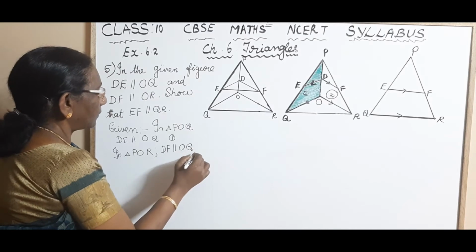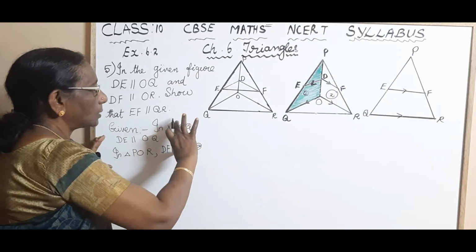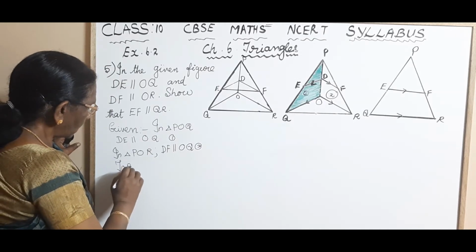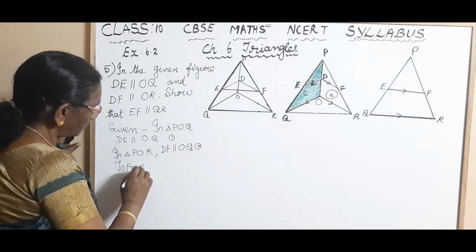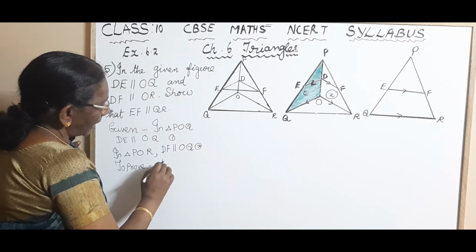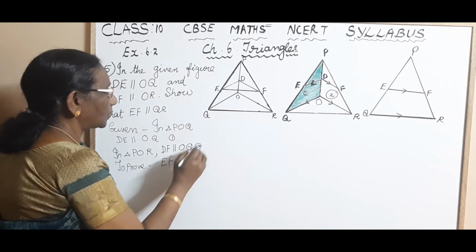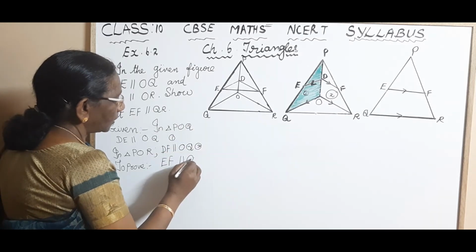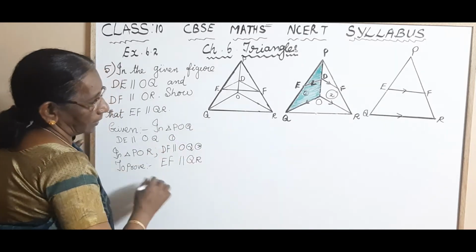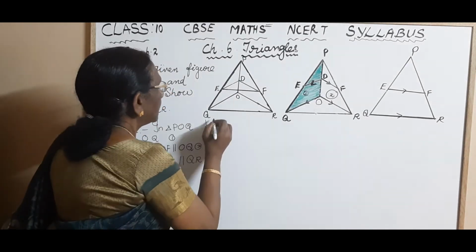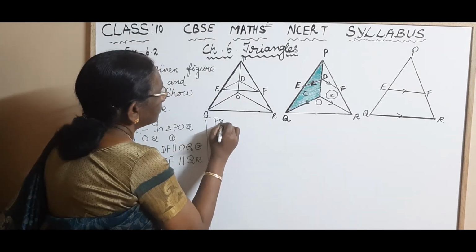This is the second information given. Using this, what are we supposed to prove? The line passing through the points E and F is parallel to the base QR of the big triangle. Now, let us write the proof.